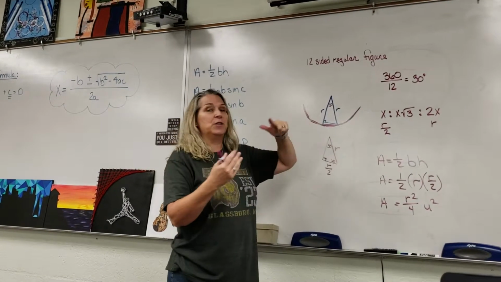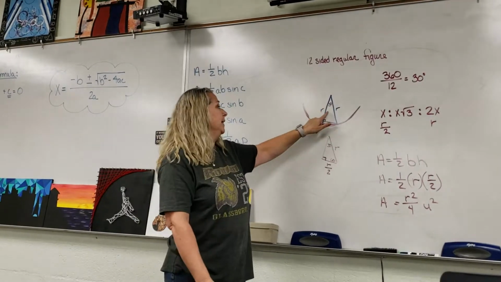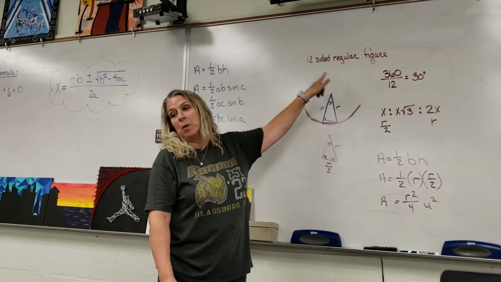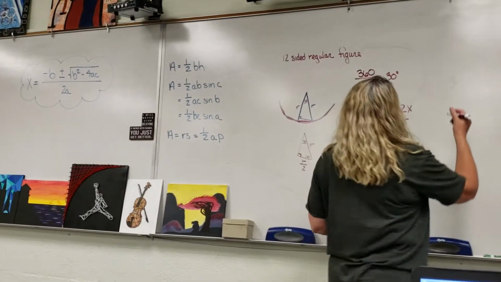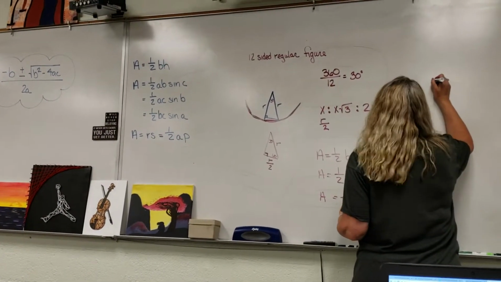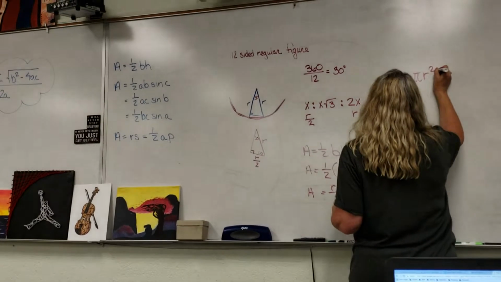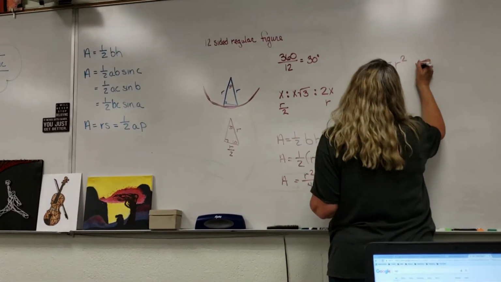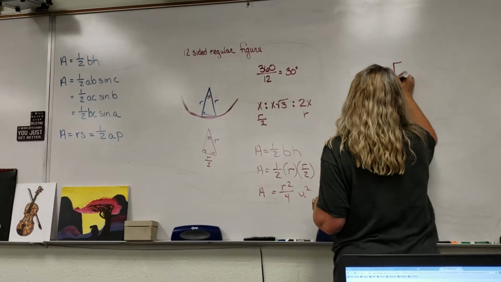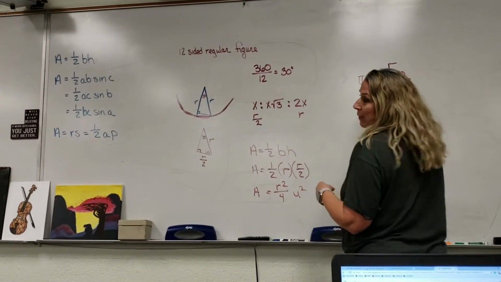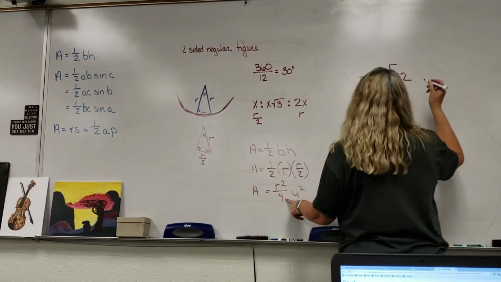But to find the area of the 12-sided regular figure, I need to find the area of this multiplied by 12. So in the book, they actually write it out like, so this one is pi r squared, because they just gave you r, minus, so that's going to be the circle, and then they subtract 12 times the area of this.